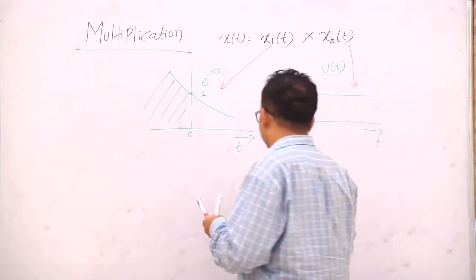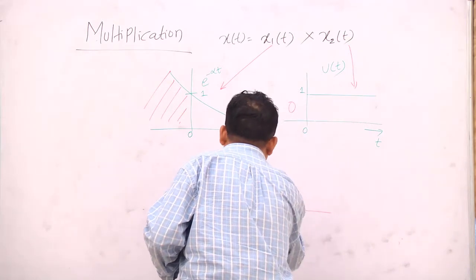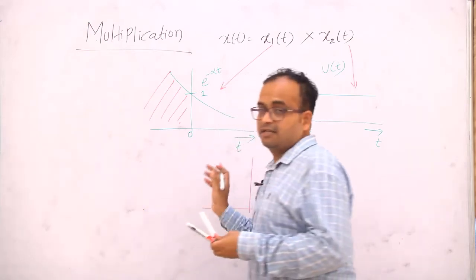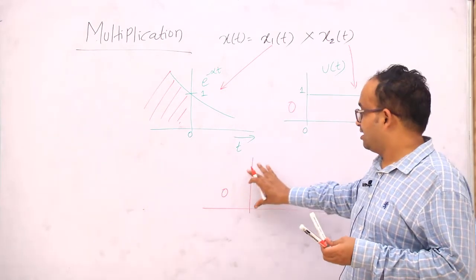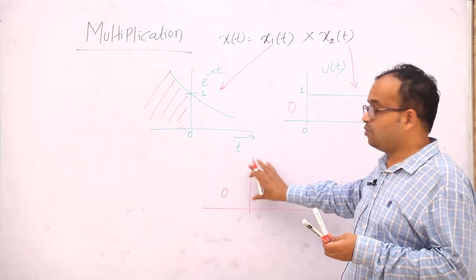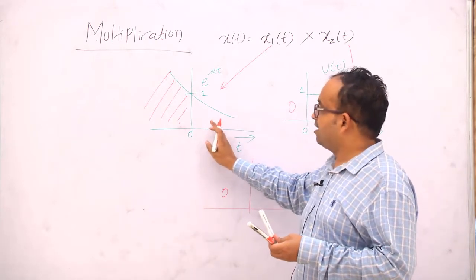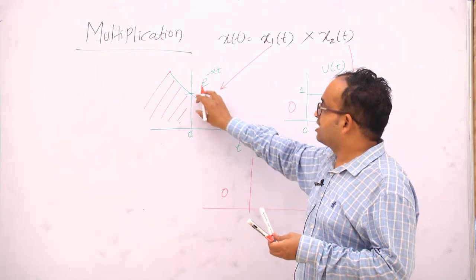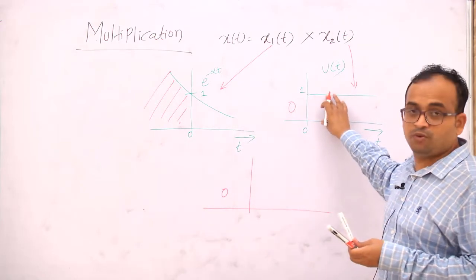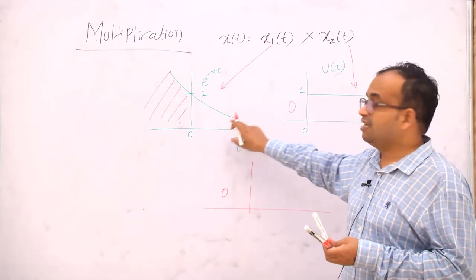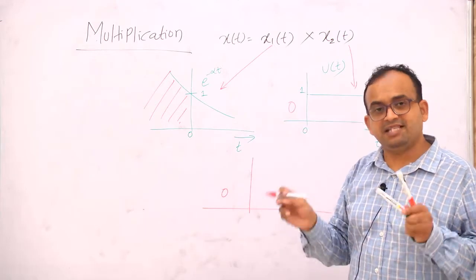So the signal will be 0 before the origin, before the y-axis. After 0, after the y-axis, we get some finite value into 1, which will be the same signal, because 1 into some value is that value only.